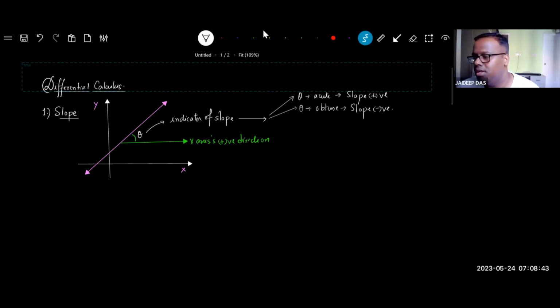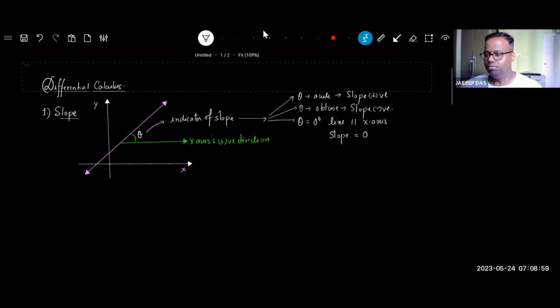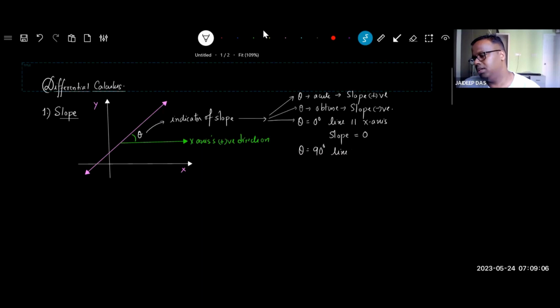If this angle theta is 0 degrees, that means the line is parallel to the x-axis. That means slope is 0. And if this angle is 90 degrees, that is, the line is perpendicular to the x-axis, then I say my slope is infinity.